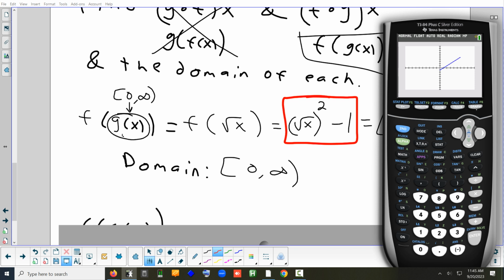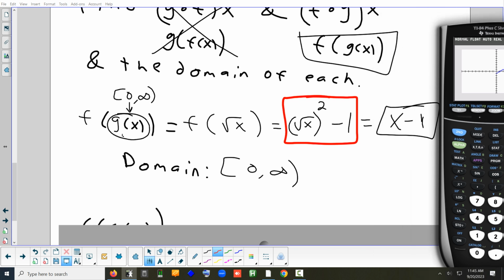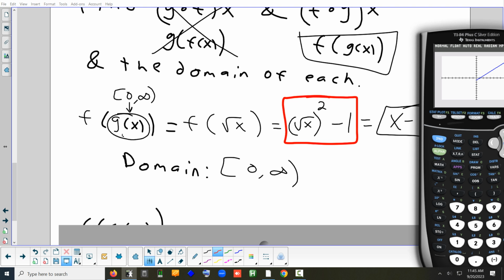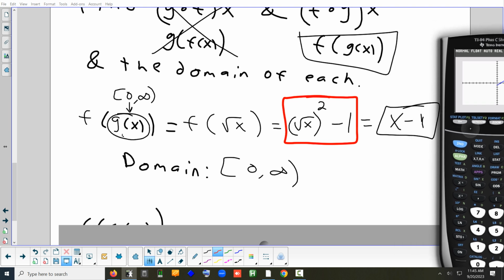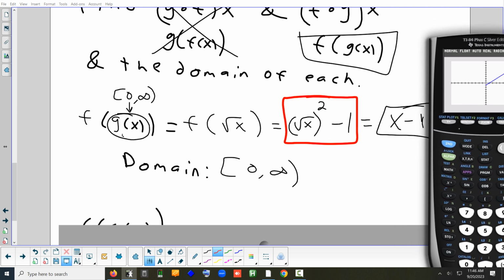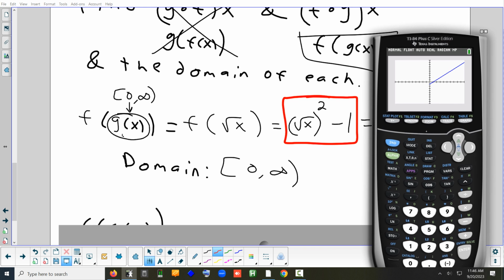See? Starts at 0. If you typed in the second version, x minus 1, this would just be a line instead of a ray. Okay? It would draw the line in both directions. And that's not what this one really looks like. That's what it should look like.